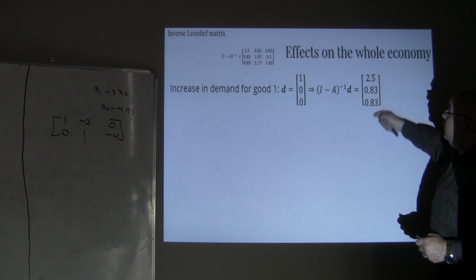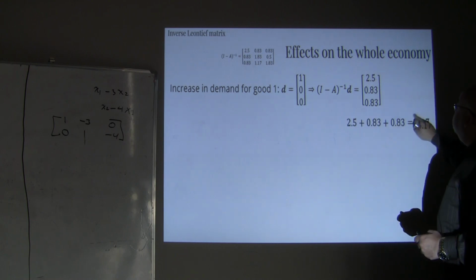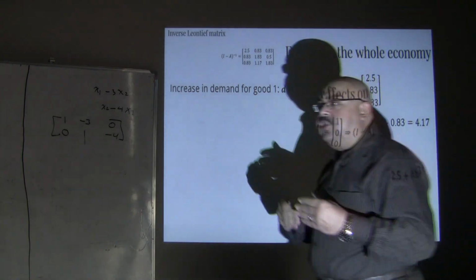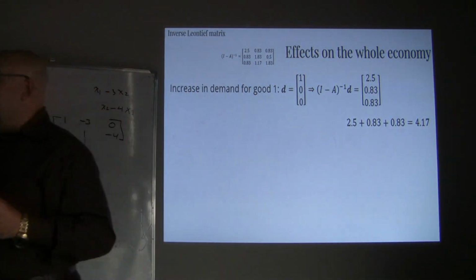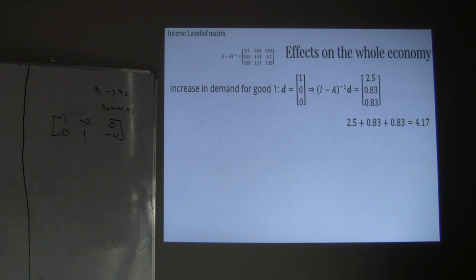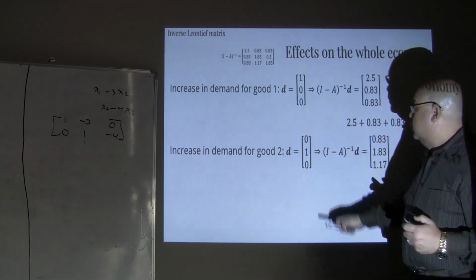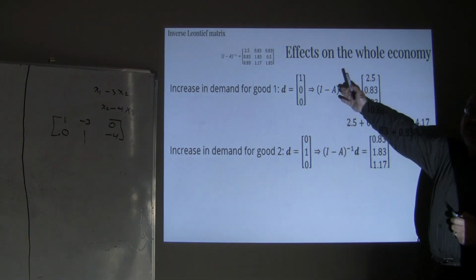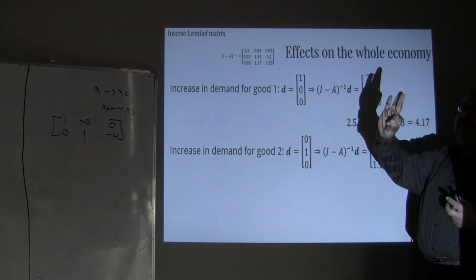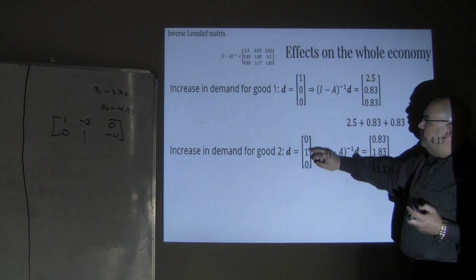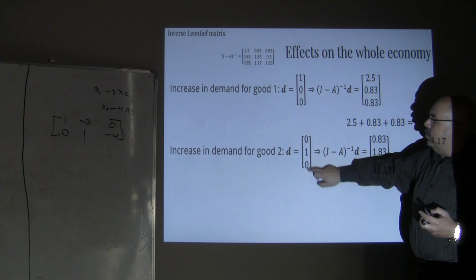If you add those numbers together, it will give you the total required increase in production due to how many monetary units? Just one. In which sector? The first one. If I want to see the second sector, I will use (0, 1, 0), because this economic system consists of how many sectors? Three of them. Okay? So all I have to do is to multiply this matrix by (0, 1, 0).